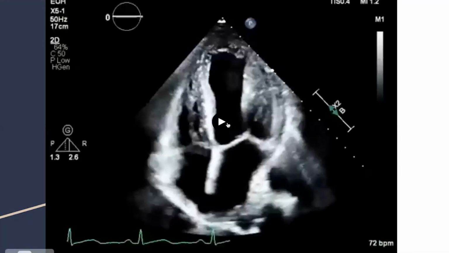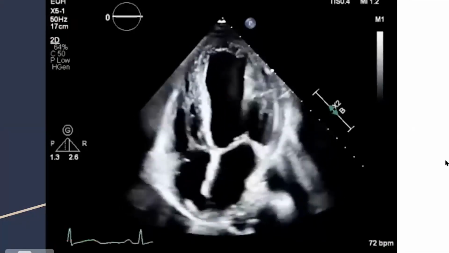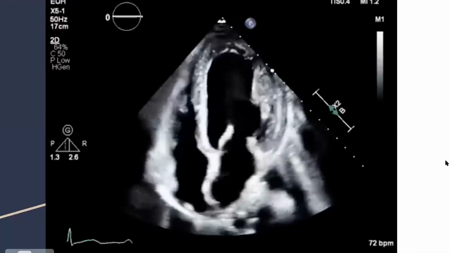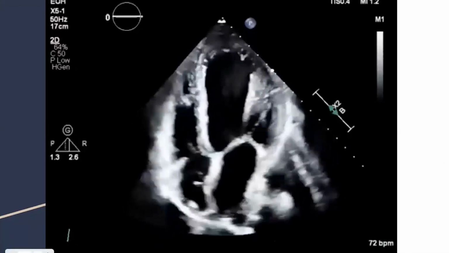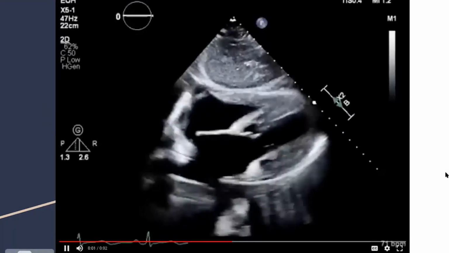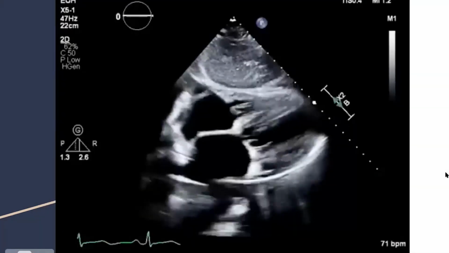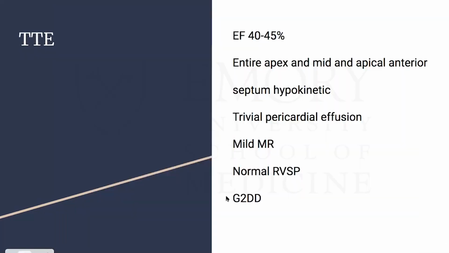And then in this apical 4-chamber view, I think you can best appreciate her reduced EF as well as apical and anterolateral wall hypokinesis here. In the subcostal view, you can see, again, reduced EF with lateral and septal wall hypokinesis. And overall, her echo was read to have a mildly reduced EF of 40–45%, with the entire apex and mid and apical anterior septum being hypokinetic.